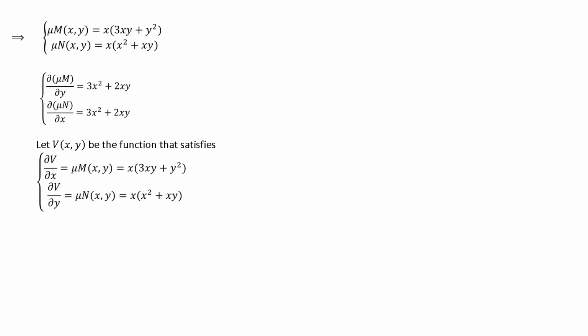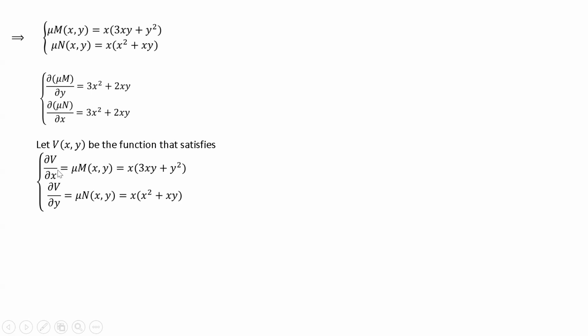So then that means this mu M can be expressed as the partial derivative of some function v that we don't know yet, with respect to x, and this component can be expressed in terms of partial v, partial y. So then the final job is just to find out v. We know that the solution of this equation is v equals constant.